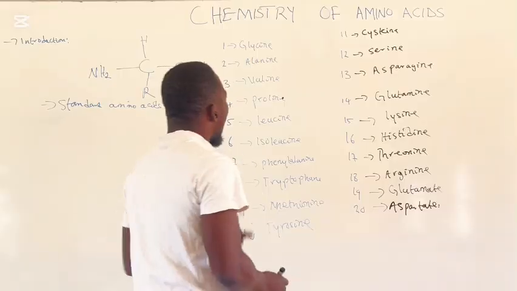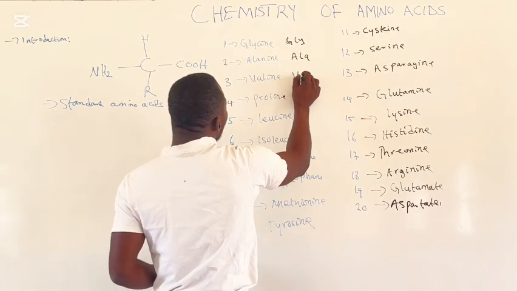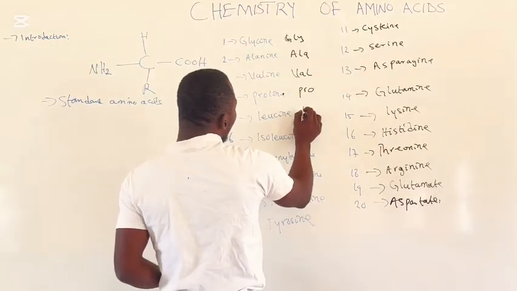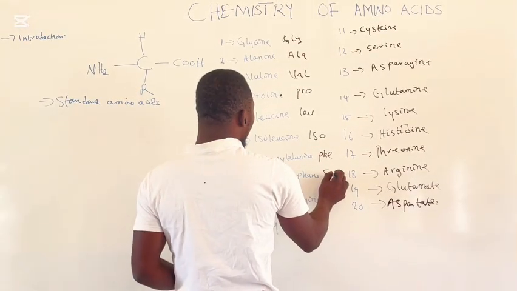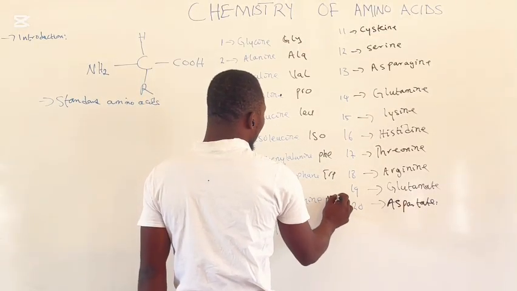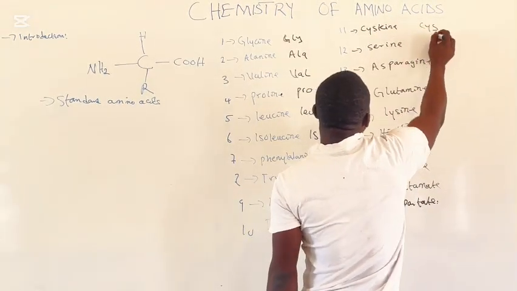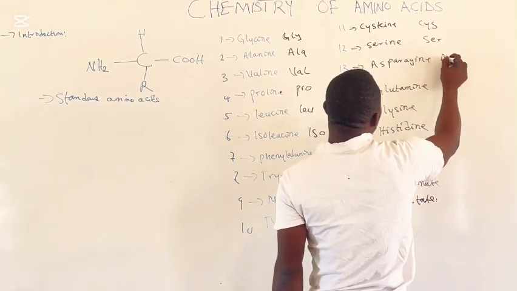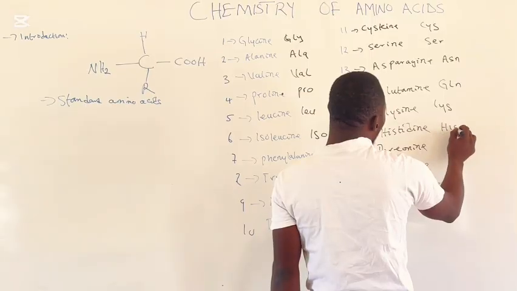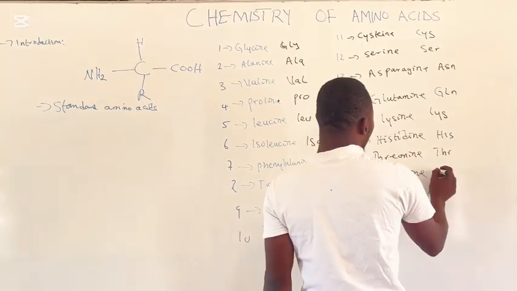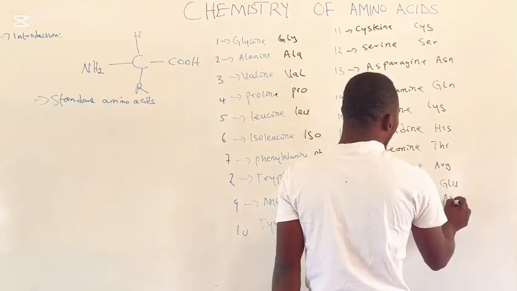So these are the 20 standard amino acids. Glycine is represented with GLY, alanine, ALA, valine, VAL, proline, PRO, leucine, LEU, isoleucine, ISO, phenylalanine, PHE, tryptophan, TRP, methionine, MET, tyrosine, TYR, cysteine, CYS, serine, SER, asparagine, ASN, glutamine, GLN, lysine, LYS, histidine, HIS, threonine, THR, arginine, ARG, glutamate, GLU, and aspartate, ASP.